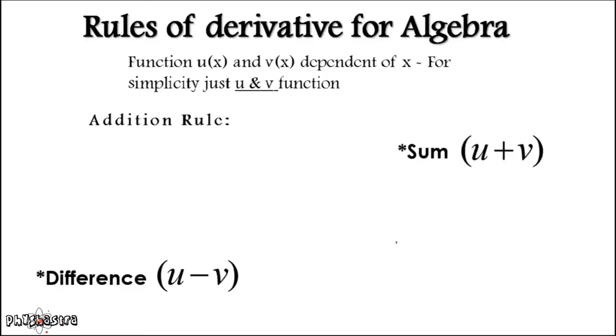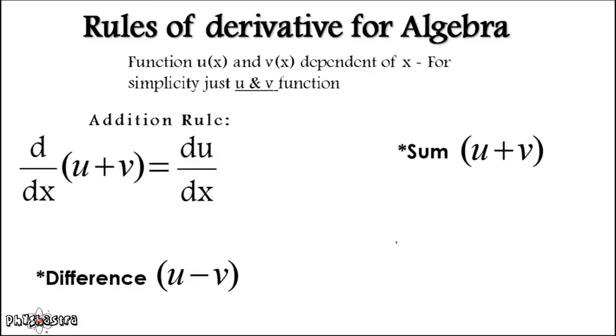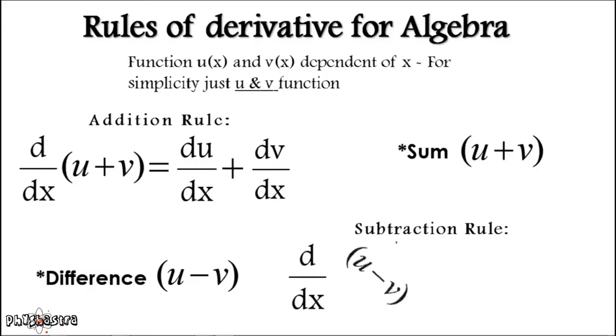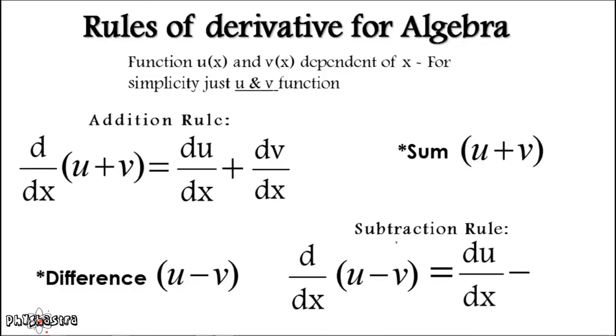When we find the derivative of the sum, that is d of dx of the bracket u plus v, it is d of dx of u plus d of dx of v, or simply du by dx plus dv by dx. Similarly, when we find the derivative of the difference, that is d of dx of the bracket u minus v, we get du of dx minus dv of dx.